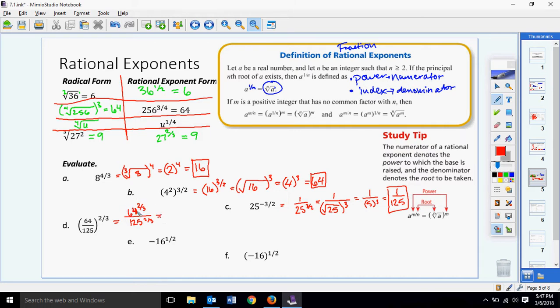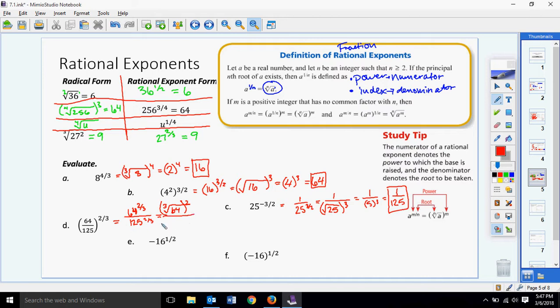Because I have a number raised to a fraction exponent, I can write it in radical form. I'm taking the cube root, so my denominator is my index, of 64 raised to the second power. That's my numerator.